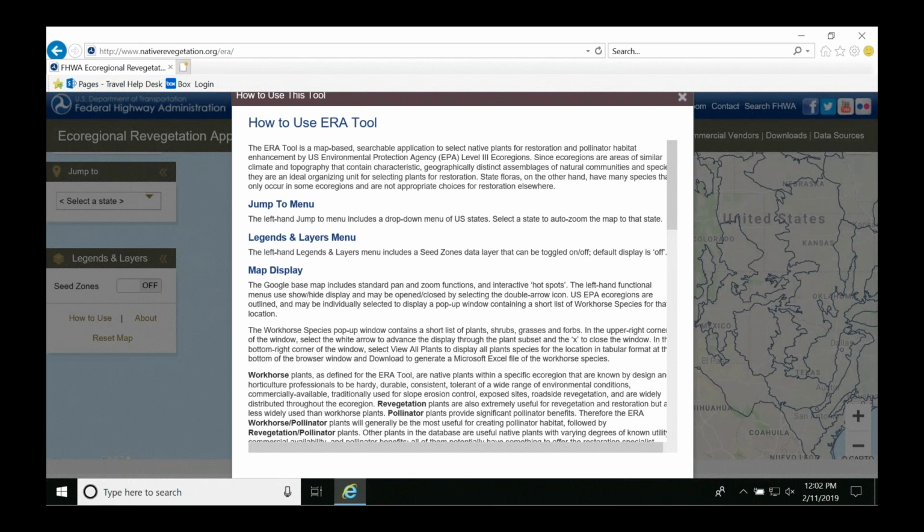We know there's problems with the data now, and we're trying to work through them. But it talks about what we think a workhorse species is. I think we picked definitions that most people would agree with. It talks about this pollinator value data and what went into that, and I think it's something that most people would agree with. But take a look at this first before you start digging into the utility.